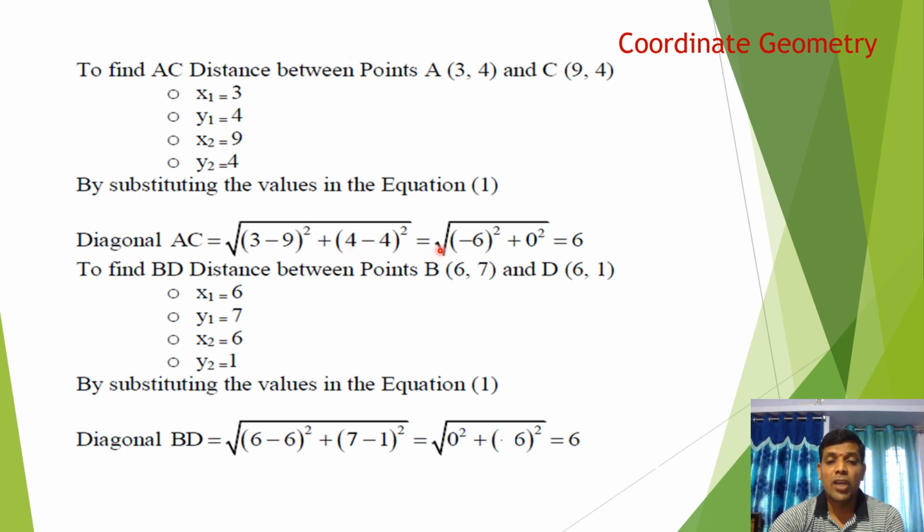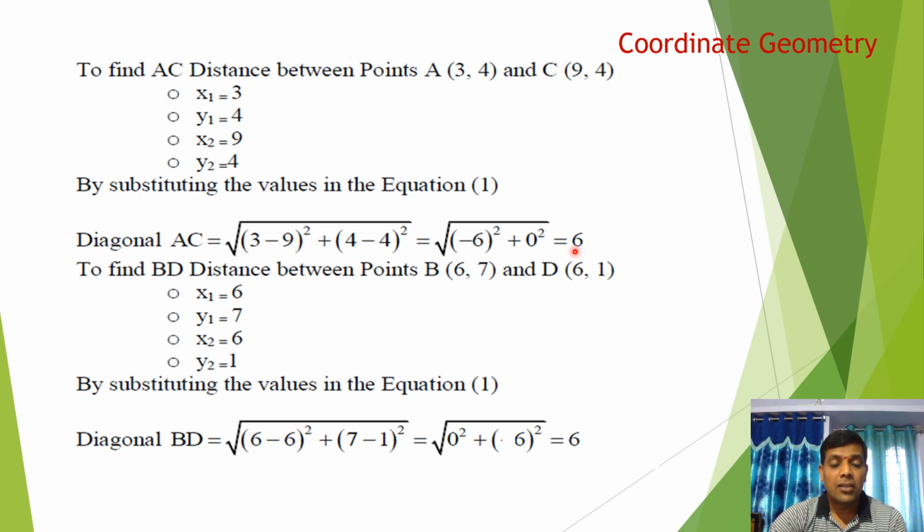This is written as the square root of (minus 6) squared plus 0 squared. Minus 6 squared means minus 6 into minus 6, 36, plus 0 squared means 0. Root over 36 plus 0 equals root of 36. So what is the square root of 36? Plus or minus 6, or 6.